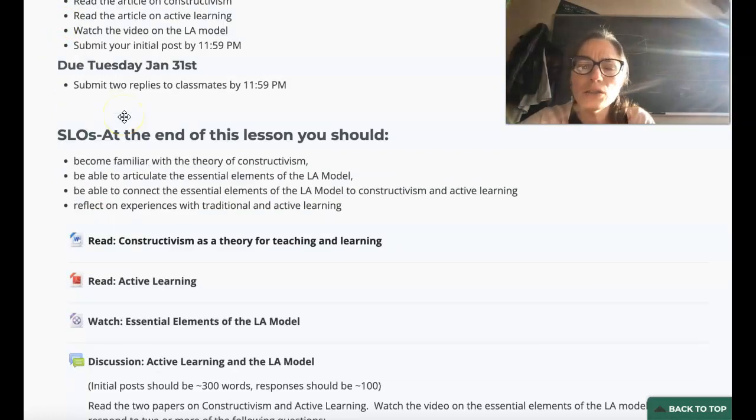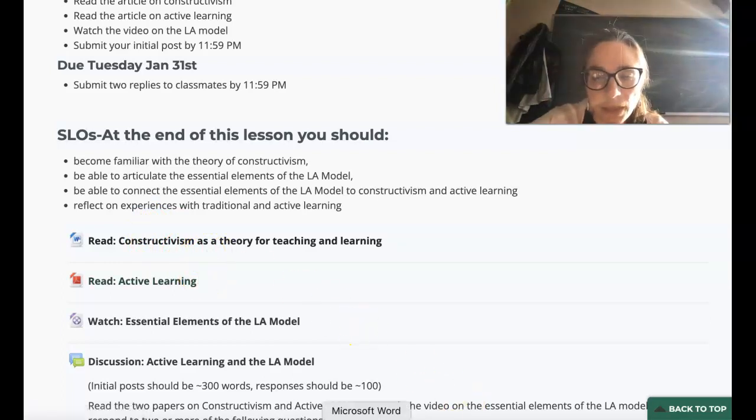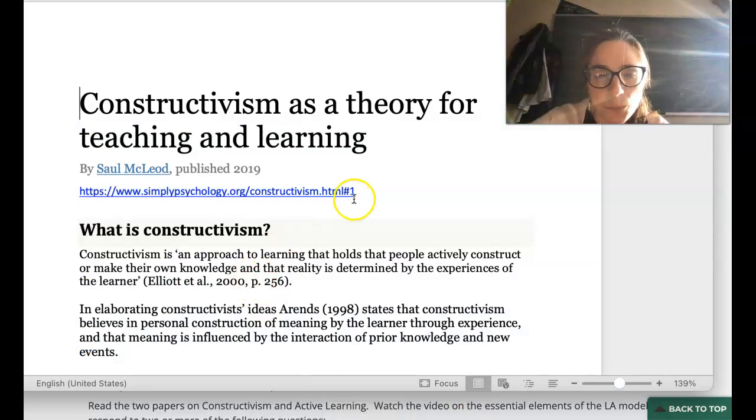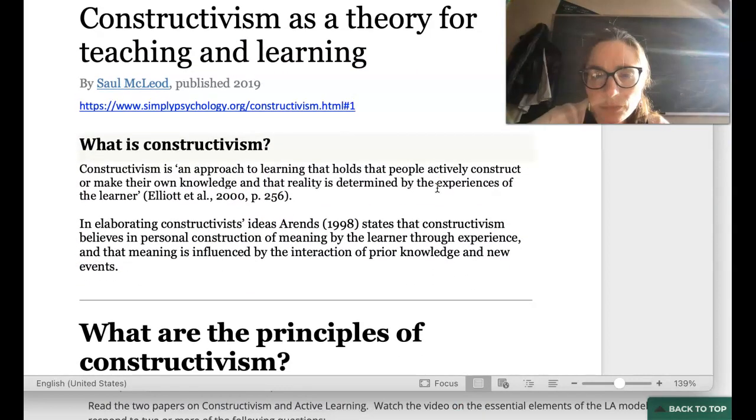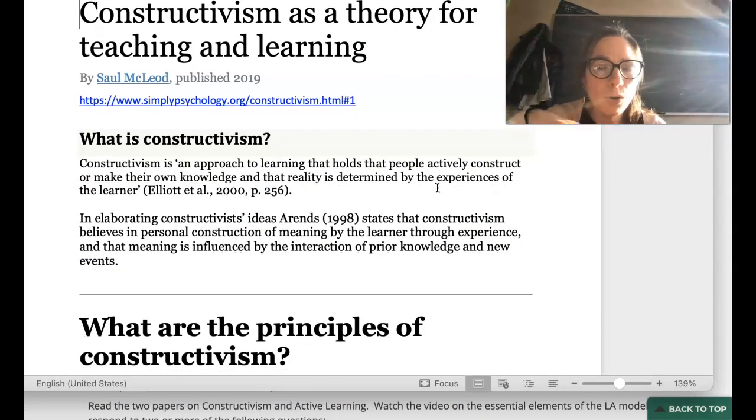So let's go ahead and look at those different assignments that we're going to do this week. So first we're going to read this article on constructivism as a theory for teaching and learning. And it should be right here. This is an overview of what constructivism is.